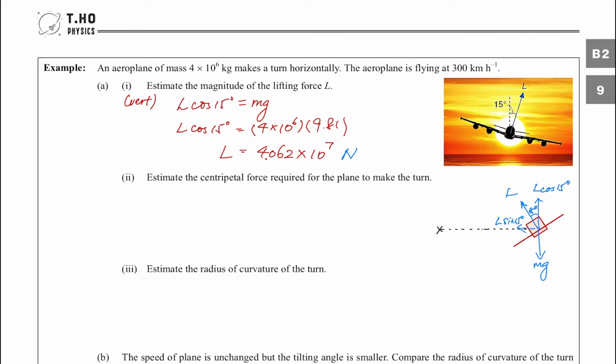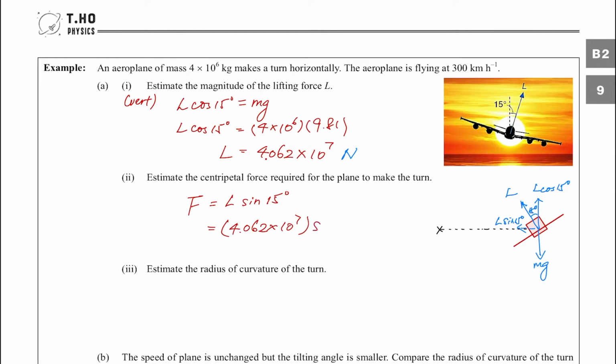Secondly, we would like to estimate the centripetal force required for the plane to make the turn. In this case, we have the L sine 15, the horizontal component of lifting force L, providing the centripetal force. So the centripetal force would be given by L sine 15.